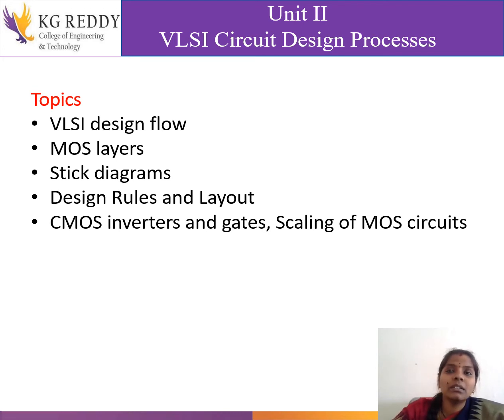One is threshold voltage roll-off, then DIBL, drain induced barrier lowering, and gate induced drain leakage. We have six leakage currents that exist as we scale the size of the transistor. So these are the various leakage currents.